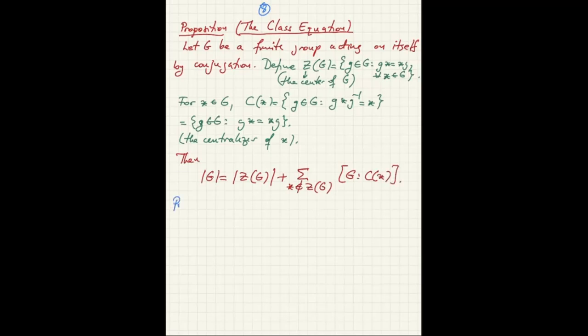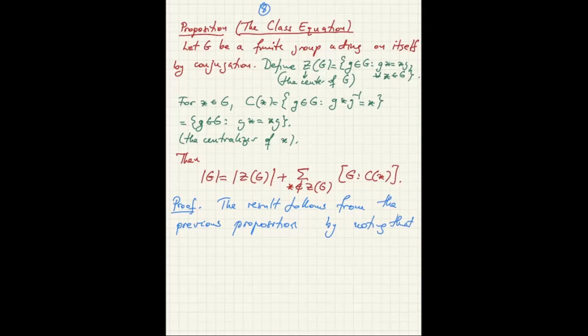And now the proof: the result follows from the previous proposition by noting that for this action, fix of G equals Z of G, the center, and G_x, the stabilizer of x, is the same thing as the centralizer C of x.